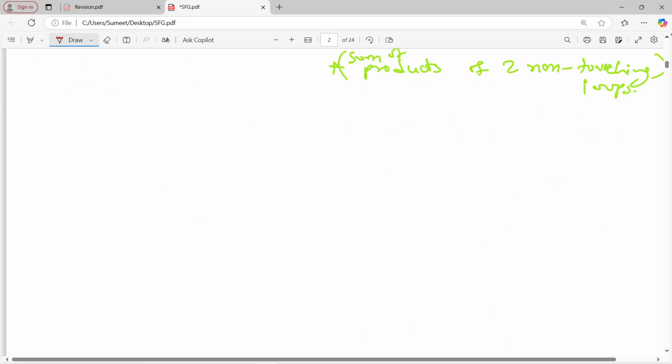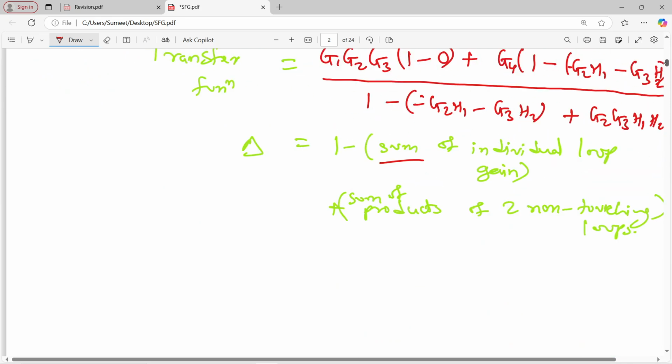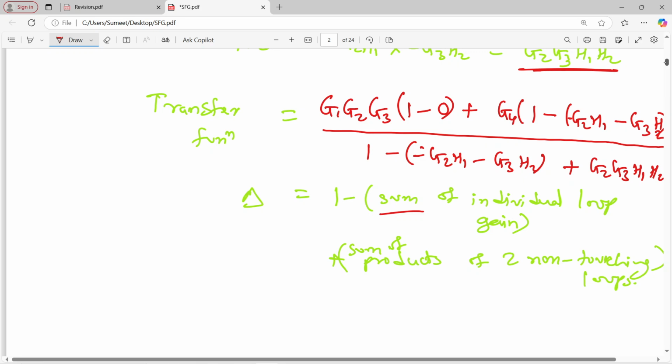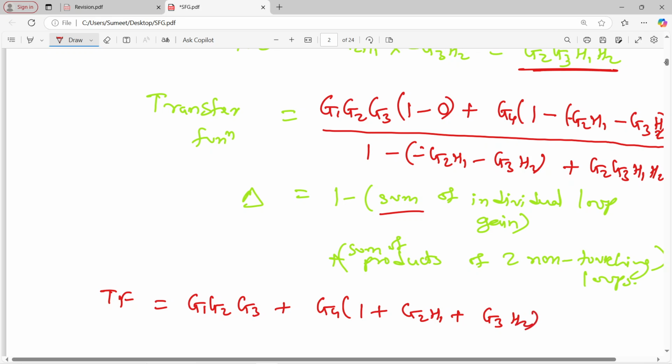So the overall final answer after simplification: transfer function equals G1 G2 G3 plus G4 times 1, and here minus minus becomes plus, so G4 into (G2 H1 plus G3 H2), whole divided by our delta value.